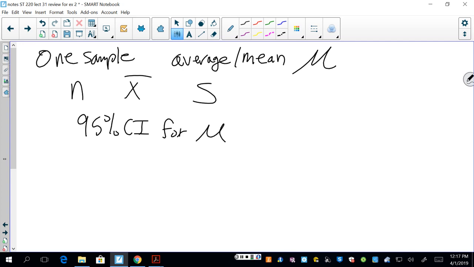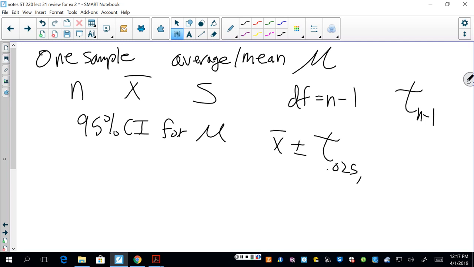With this we use degrees of freedom n-1. We use the t distribution with that many degrees of freedom, so we would have x bar plus or minus a t-value from our tables. We would look in the 0.025 column, at that degrees of freedom, to get that cutoff, because of the 95%.